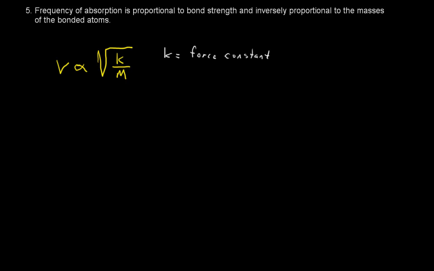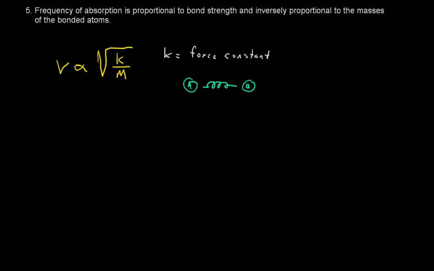Springs also have force constants. So if you have two bonded atoms, thinking again of the bond as a spring, so this is atom A, and this is atom B. The stiffer this spring, so the harder it is to push, to compress, or to pull apart, the greater the force constant.